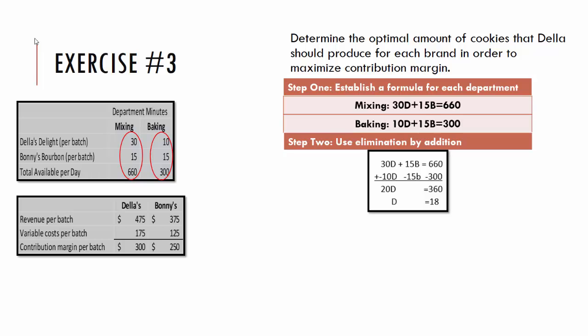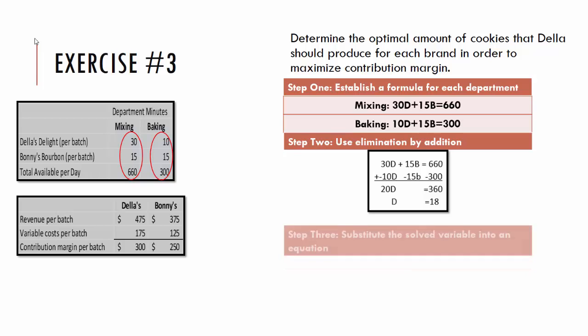I multiplied it by -1. So when we add it together, the 15B from the mixing formula and the -15B now from the baking formula, they cancel out. And as we solve for this going through, we see that we get D equals 18 as our answer. That means that optimally we should be making 18 batches of Della's Delights.